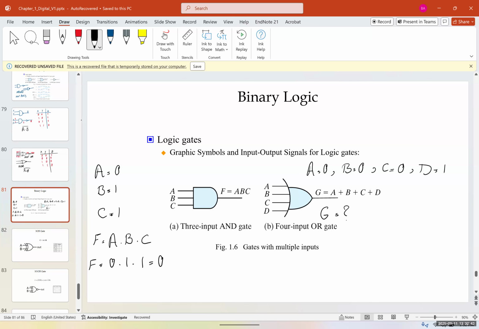Yes, it's going to be 0 plus 0 plus 0 plus 1, which gives us 1. Again, it's like having 4 switches in parallel. If even one of them is closed, it's like all of them are closed, so it doesn't make any difference.